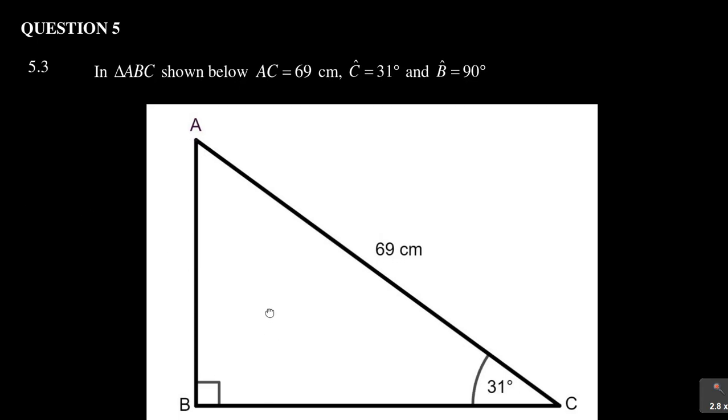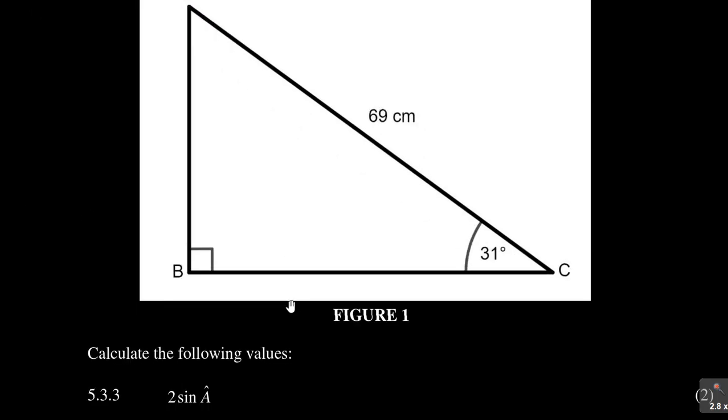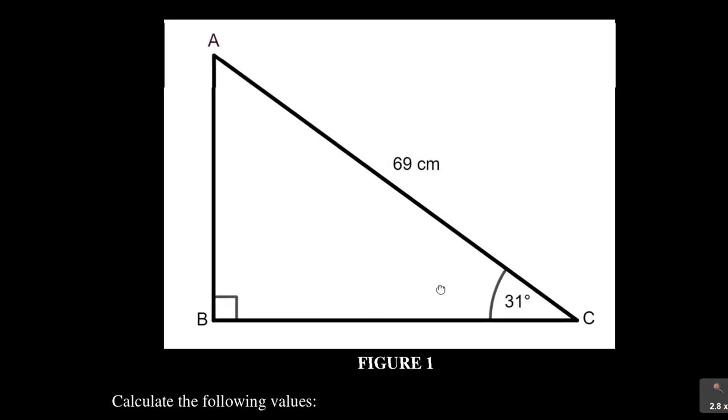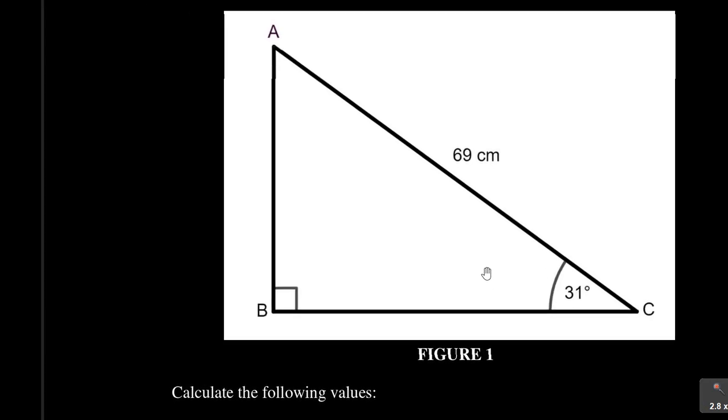Now we are looking at 5.3, still on the same question. 5.3.3 says we need to calculate the following: 2 sine A. This is 2 marks. So you come here and we're saying I need to find 2 sine A. Now you look at this.